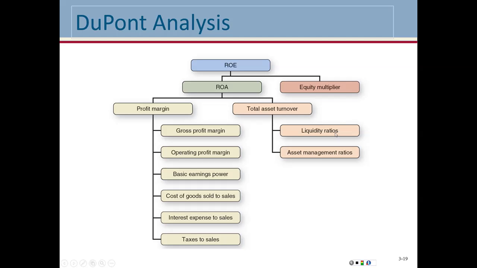So we have a lot of stuff going around here, right? That's the beauty of this DuPont analysis. We can pretty much dissect all of the ratios that are involved in calculating ROA and ROE and see which one is the culprit, which one is driving the ratio up or down. This is very useful when you're interpreting financial statements and trying to figure out solutions, right?